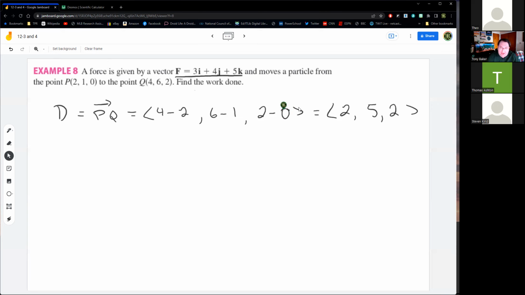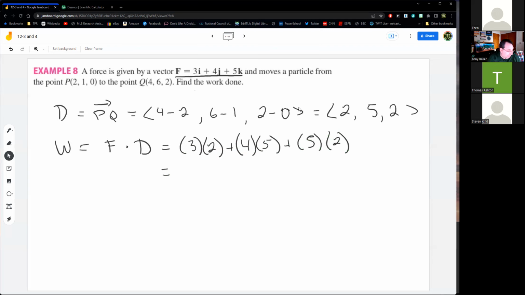All right, so I've got my D vector and I've got my F vector. So now to find my work, I'm just going to do the dot product of that. So it is 3 times 2 plus 4 times 5 plus 5 times 2.